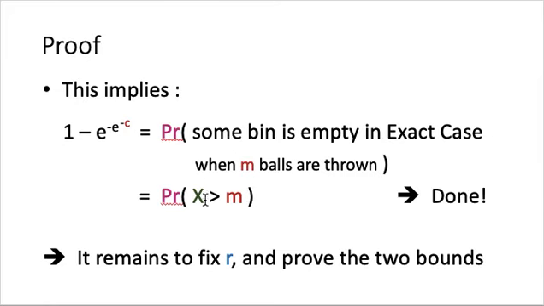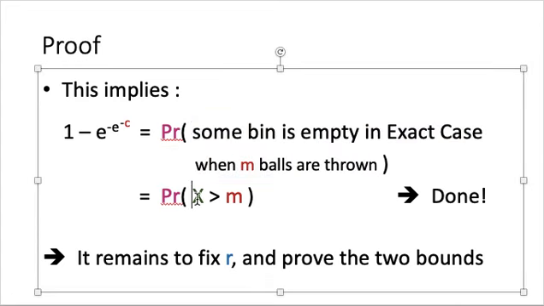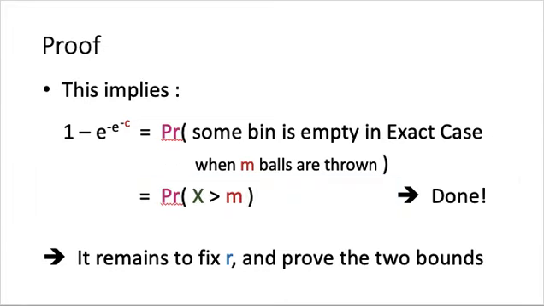On the other hand, X greater than m implies that at the time when m balls are thrown, some bin has to be empty. So these two conditions, some bin is empty when m balls are thrown, and X greater than m, are equivalent to each other. And this is exactly what we want to get, okay, in the first page, in our theorem.